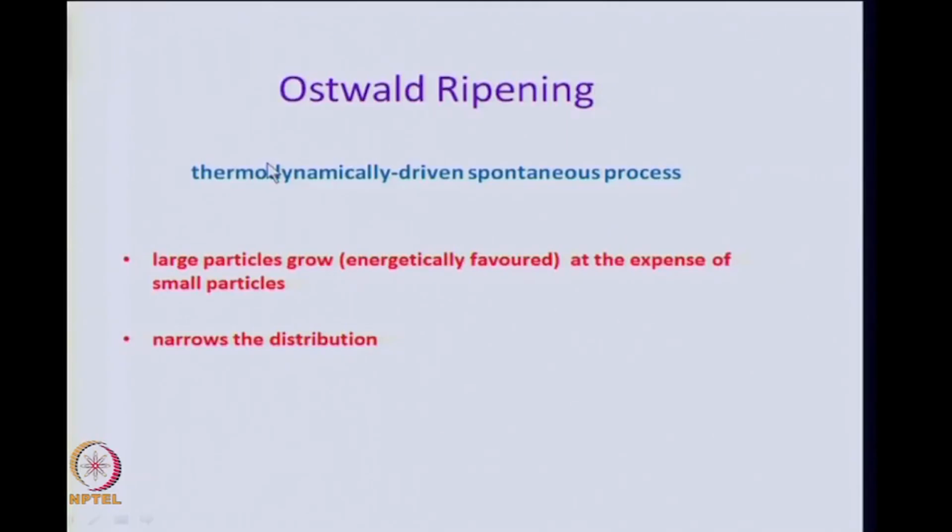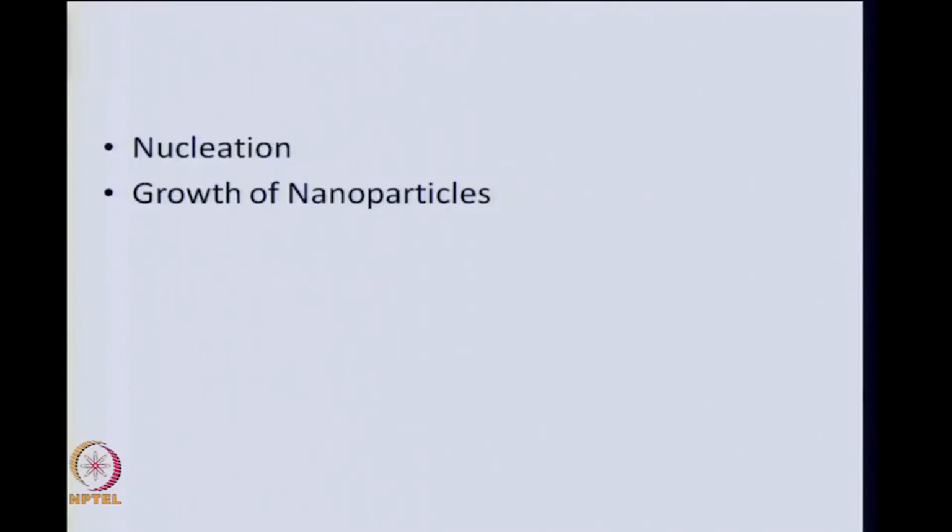In a typical synthesis of nanostructures, first you have the nucleation stage. Small embryonic nuclei form, and then these nuclei grow to form the nanocrystals.